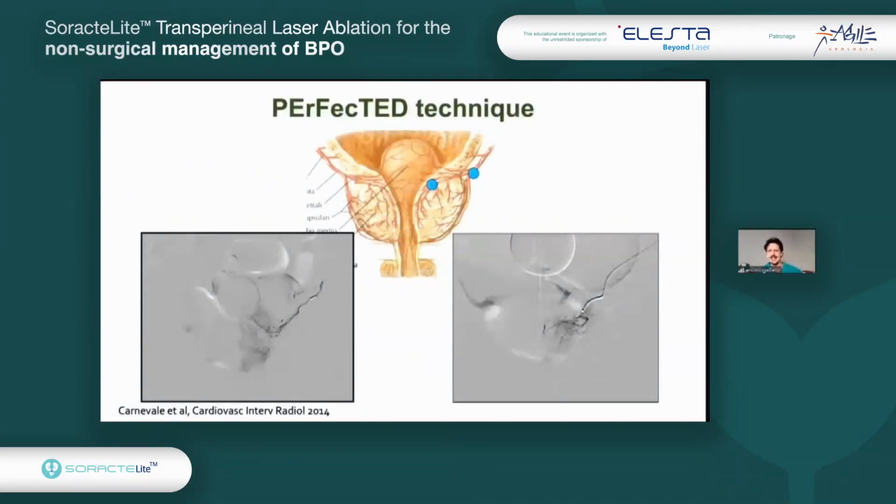The technique is called the PErFecTED technique, and the real trick is to go distally. The term prostatic artery embolization is not so precise, because the radiologist does not embolize the prostatic artery, but embolizes the intraprostatic branch. I don't know if you see my arrow.